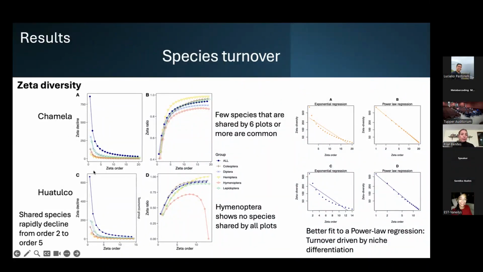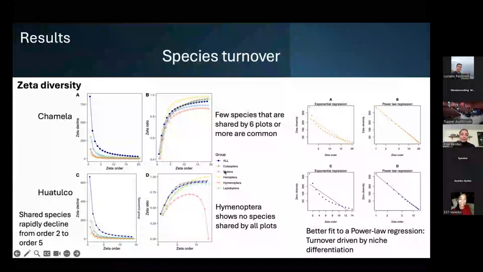When we plot the zeta decline, the amount of species shared rapidly declines from orders 2 to 5, and very few species are shared from 6 plots on.